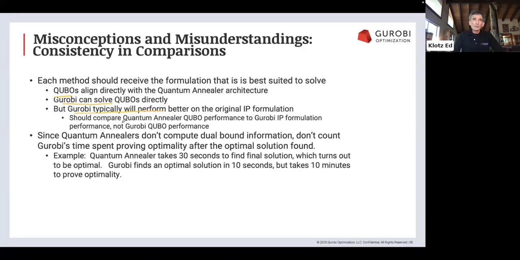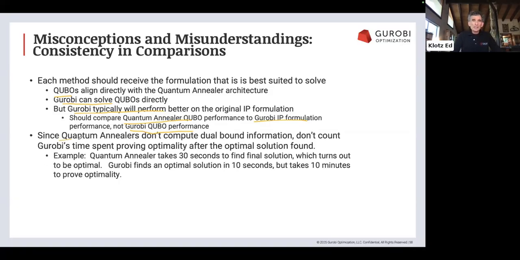So you want to compare the quantum annealer QUBO performance to Gurobi on the IP formulation, which is what it's best suited to solve, not the Gurobi QUBO performance, although if you want to do that just for completeness, that's fine. That's number one, and I have seen some papers that do exactly that. They compare a quantum annealer to a branch and bound solver on the QUBOs, not the original IP formulation.